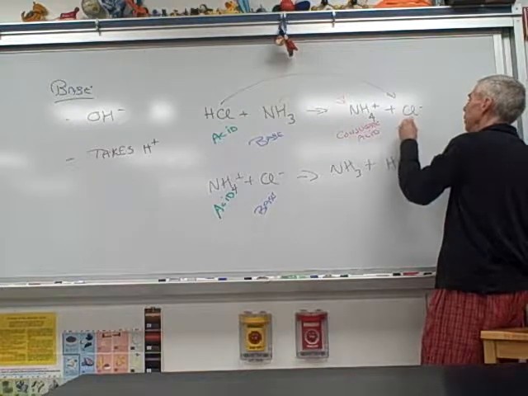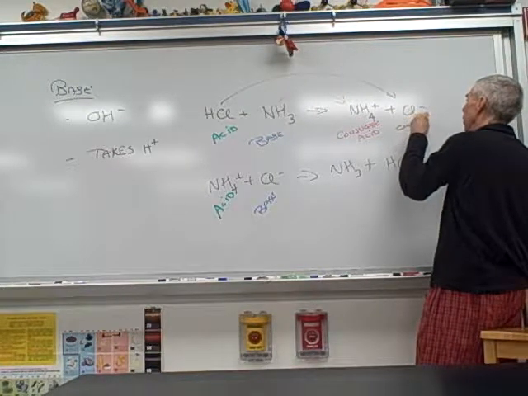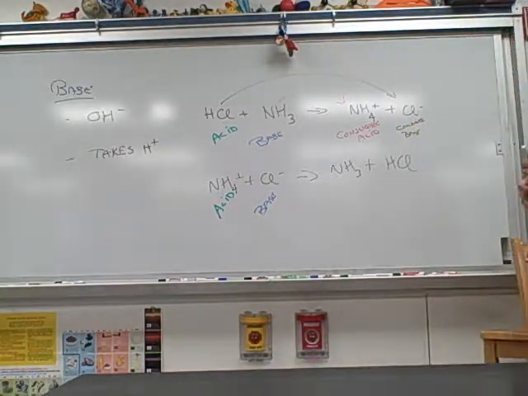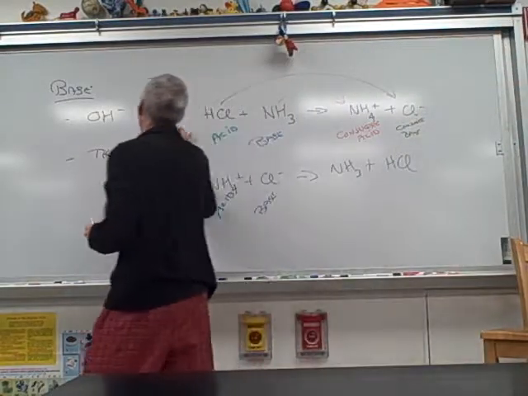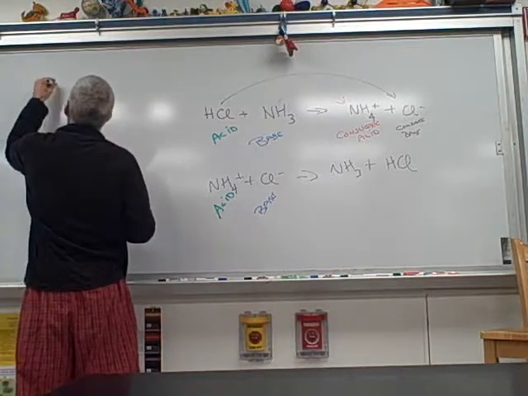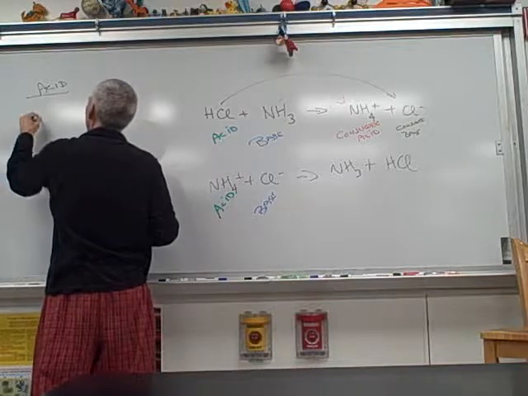Chlorine is considered to be its conjugate base. See it? Pretty simple. So any conjugate acid-base pair differs by an H. I'll say that again. A conjugate acid-base pair differs by an H.